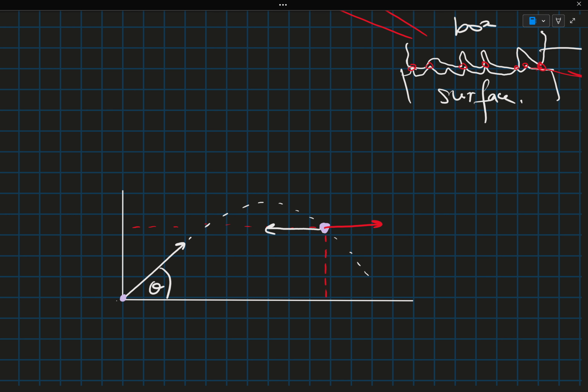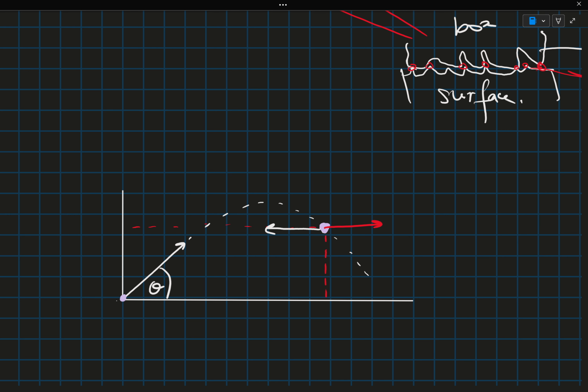But getting back here, an object is moving through the air. The object is trying to move in this direction, but we can note that air is a fluid.